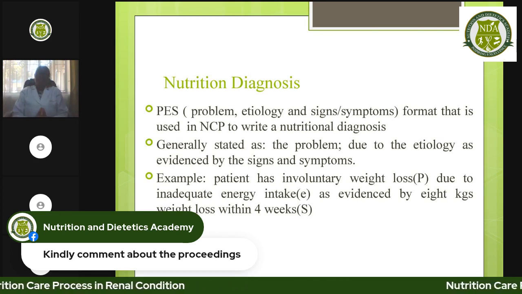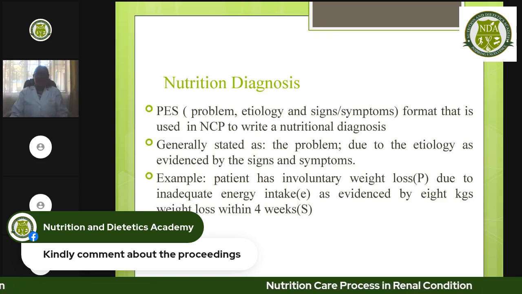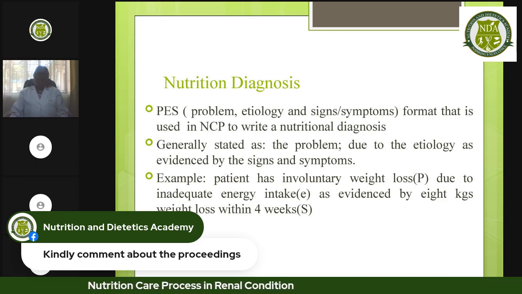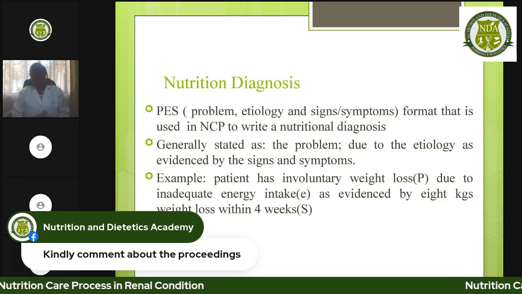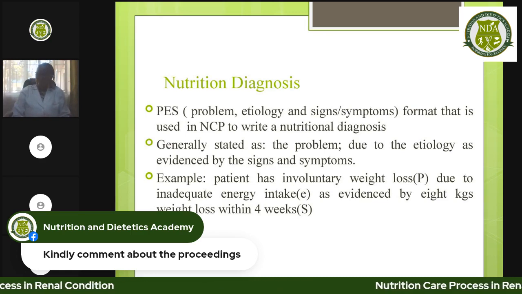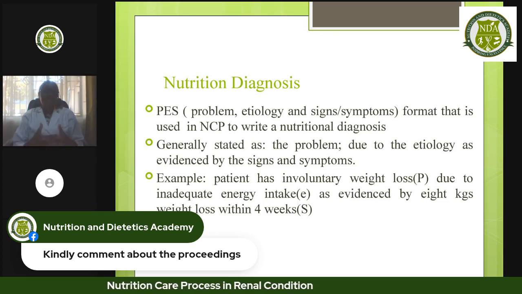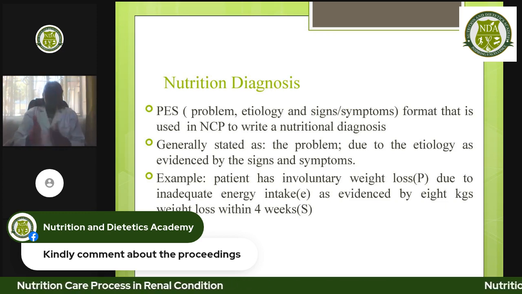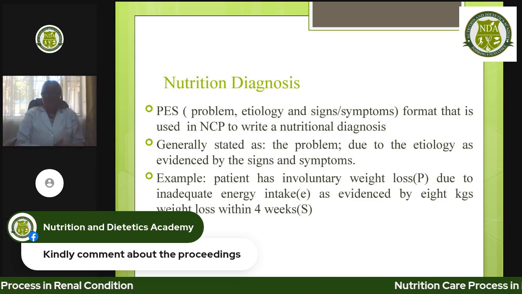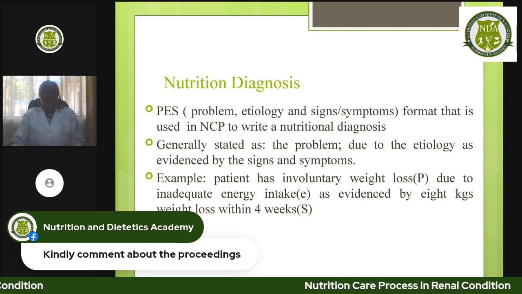So let's take a quick example of how you can come up with a diagnosis. A patient has involuntary weight loss, which is the problem, due to inadequate energy intake, which is the etiology, the cause of the involuntary weight loss, as evidenced by what?